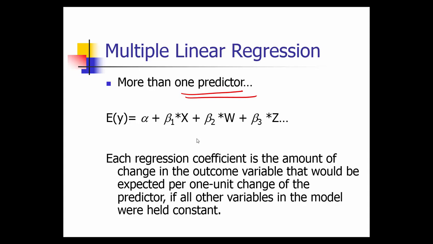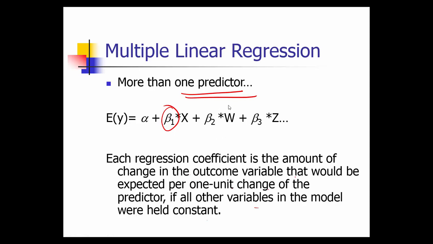So how do we explain the betas? Well, each regression coefficient is the amount of change in the outcome variable that would be expected for a 1 unit change in the predictor if all other variables in the model were held constant. Last time we explained what beta 1 is: when x goes up by 1, that's the corresponding change in y. But now we have several of them.